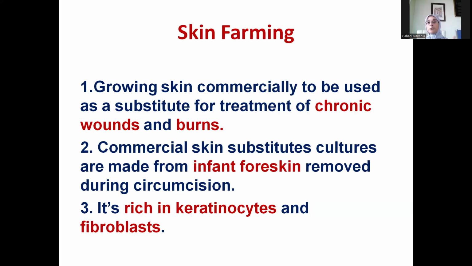But if you use stem cells from the foreskin that is removed during the operations of circumcisions, then in such a case, they are multipotent cells. They can differentiate into multiple types of tissues, but not all types of tissues.